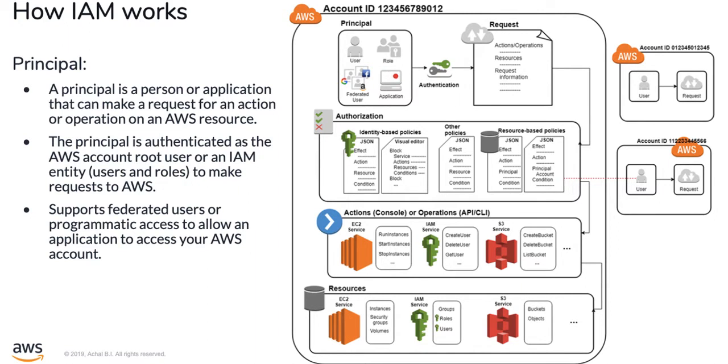So a principal can be a root user or an IAM entity. It also supports, as I mentioned in the pictorial, federated users which are not part of the account at all. Federated users are always programmatic access. They will have programmatic access when they are part of the principal.